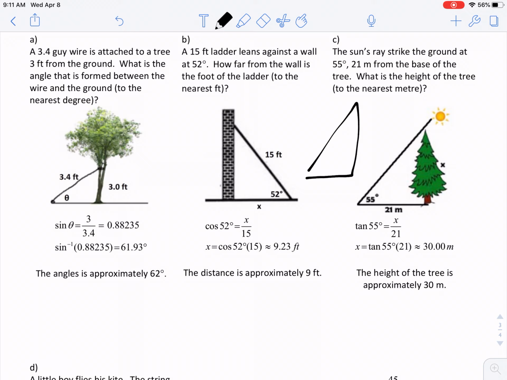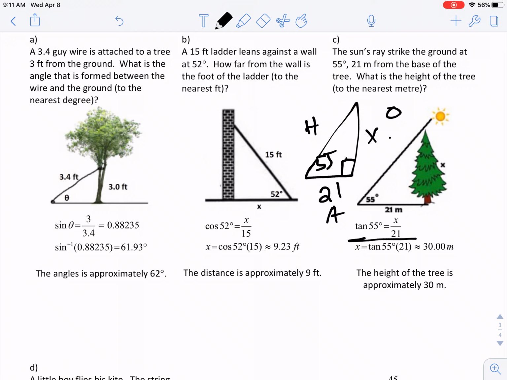I'm looking at C. Put 55 here, X and 21. If I'm looking at this from yesterday, I know this was my hypotenuse. I know 55, so X is opposite. 21 is adjacent. O over A is tangent. So tangent 55 equals opposite over adjacent, X over 21. And they solve it like we did yesterday.